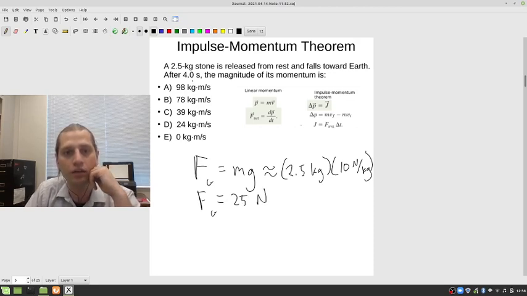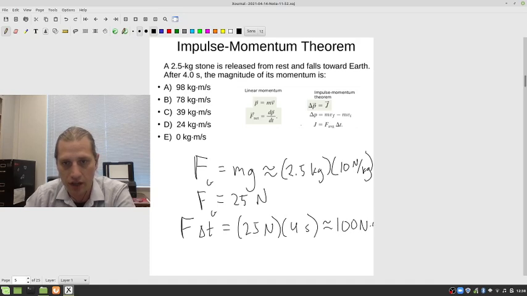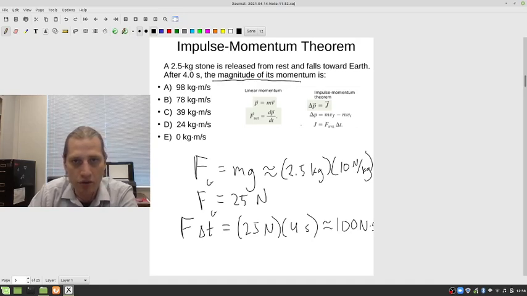So this force of gravity is around 25 newtons. If you allow that to act for 4 seconds, if I take my force times delta t, that would be 25 newtons times 4 seconds, so that's around 100 newton seconds. It asks, what is the magnitude of the momentum?